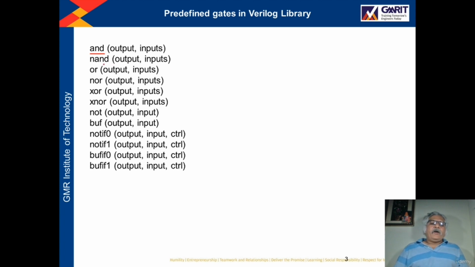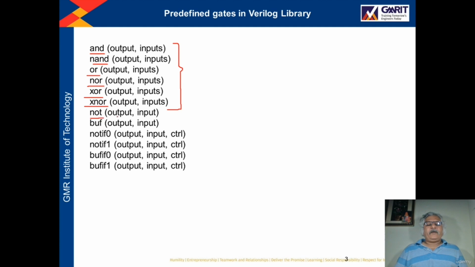And the NAND gate, this is also predefined, OR gate, NOR gate, XOR gate, XNOR gate, right? So all these gates up to XNOR, they have multiple inputs and a single output.